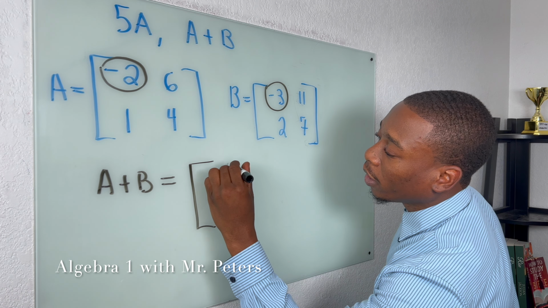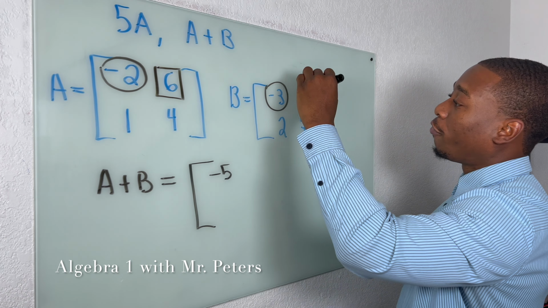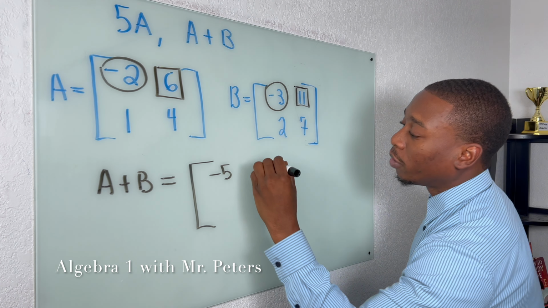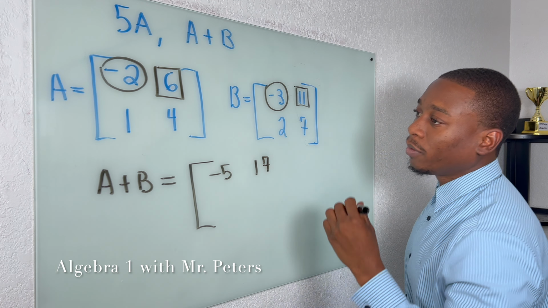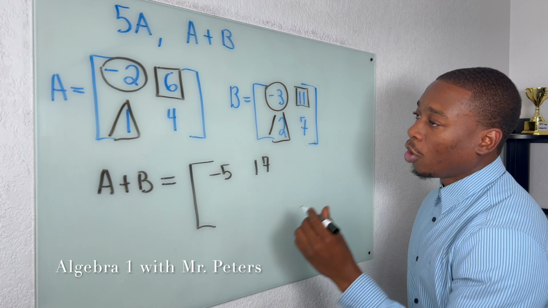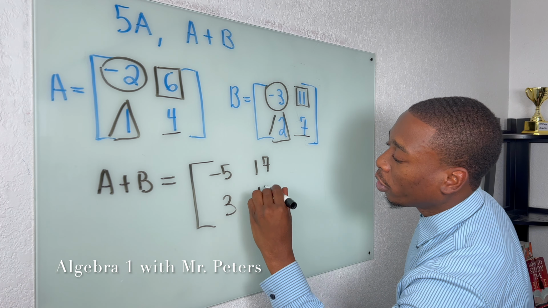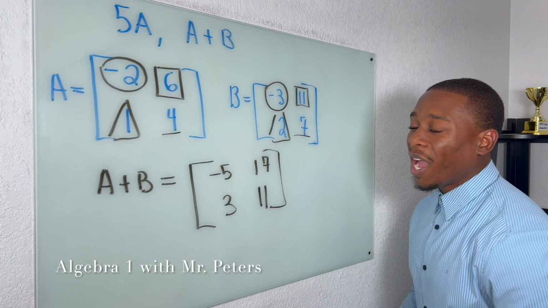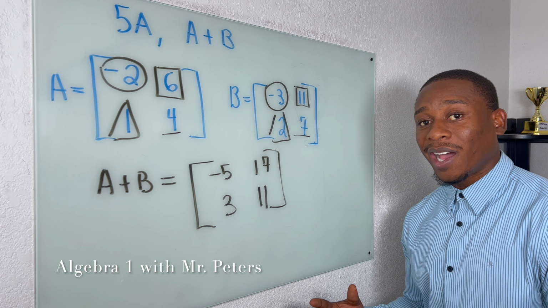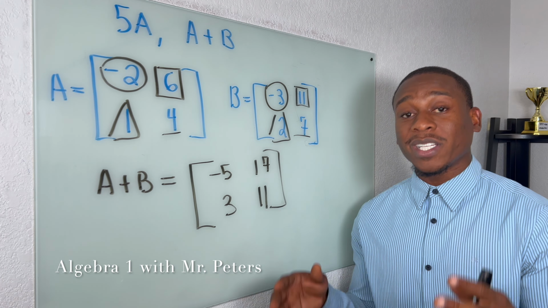Once we do that, we're going to get -5. Then we go back, add 4 with 11, we're going to get 17. 1 with 2, we're going to get 3. And then our last one, 7 and 4, to get 11. Now, if we add them randomly, guys, we are not going to get the answer correct at all.